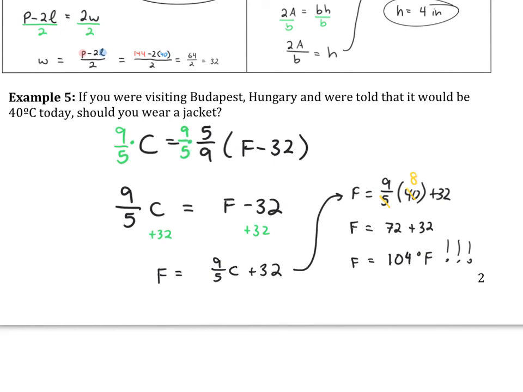So I multiply both sides by the reciprocal, 9/5. Then I need to isolate the F by adding 32 to both sides. So here's my formula. Take the Celsius, multiply by 9/5, and then add 32 degrees to that. So when I do that, it's going to be 104 degrees in my scale.